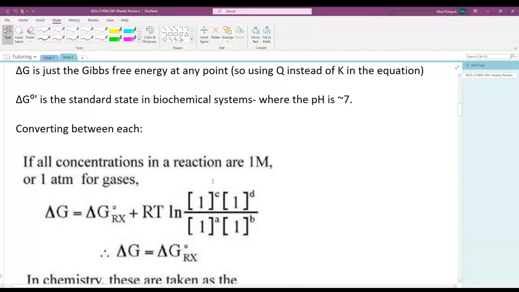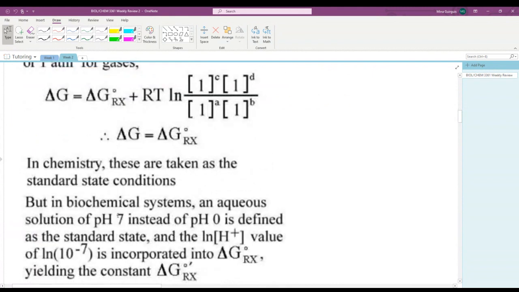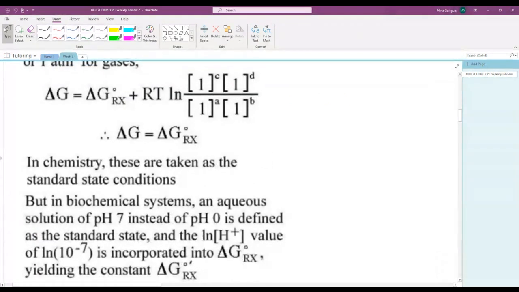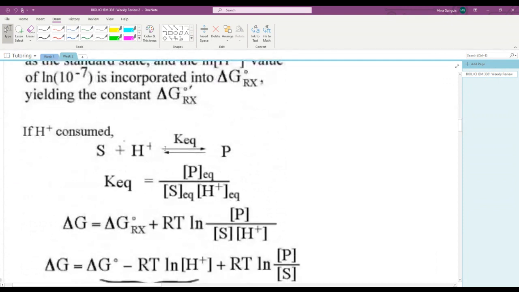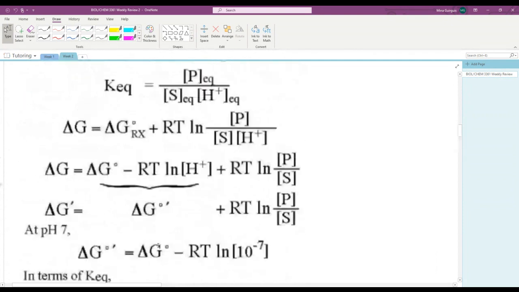When all concentrations are 1, delta G equals delta G naught, like we discussed, all right? And like we said, that's standard state. For biochemical systems, pH of 7 is used, so the natural log of hydrogen, or 10 to the negative 7th, is incorporated rather than just using a 1 for it. So there are 2 different forms of this, where H plus can be consumed or H plus can be produced, which are there and there.